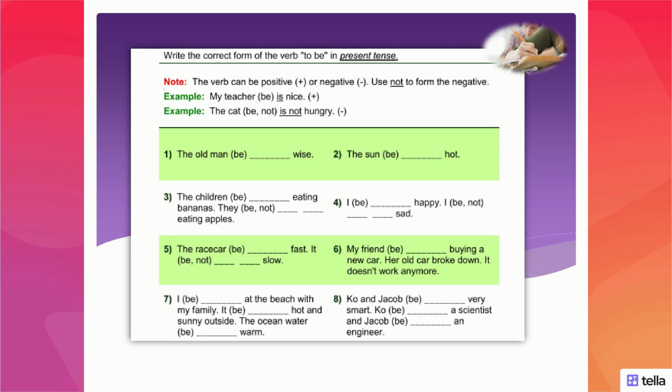So do it in a written form. Write down numbers from 1 till 8, and write the verb in the correct form near each number. Use the pause, and when you finish, please continue watching the video, because in the next slide you will see the continuation of this task. Okay, let's start doing this task.